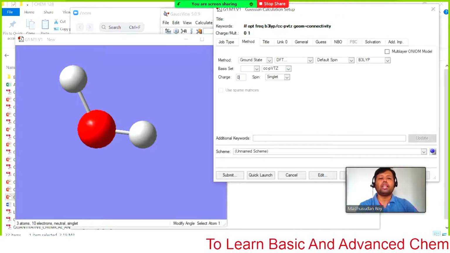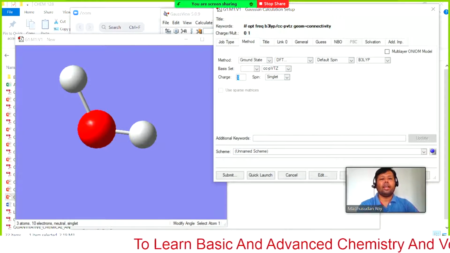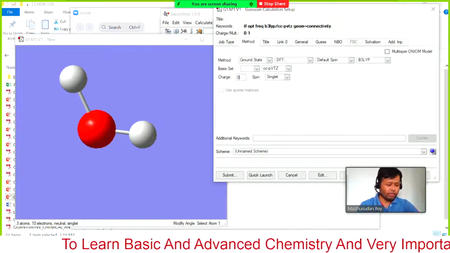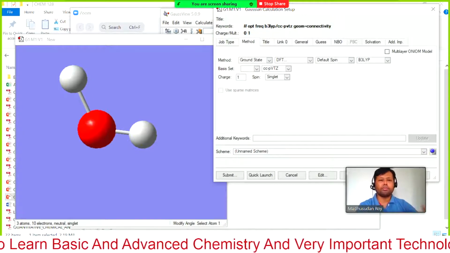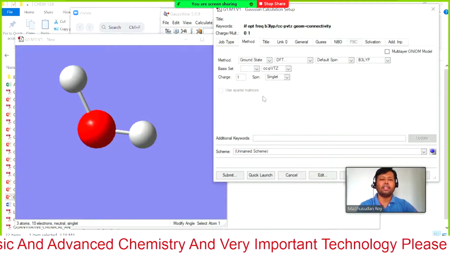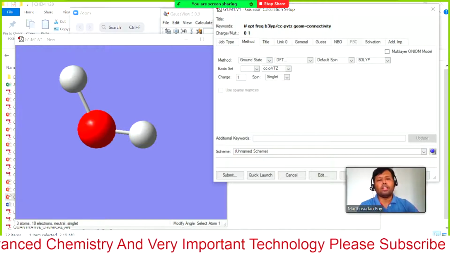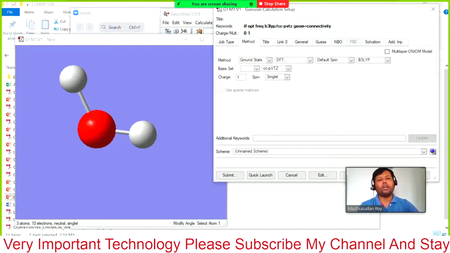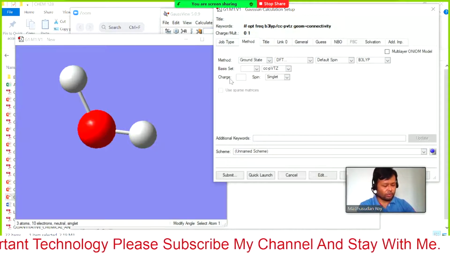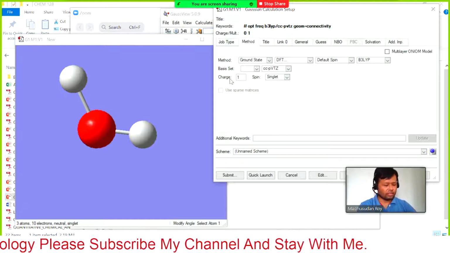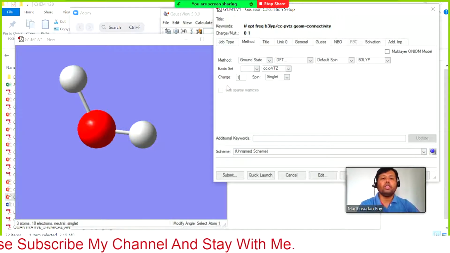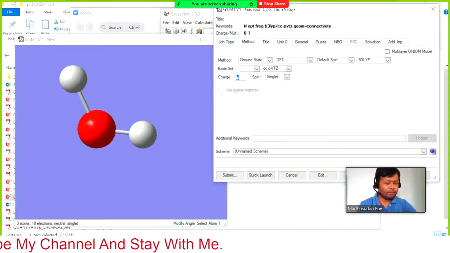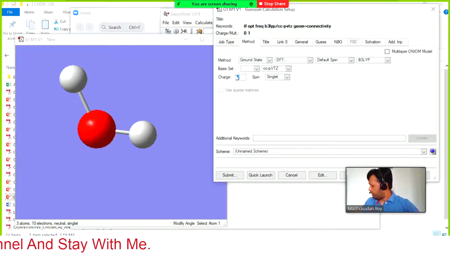So we will put the charge as 0, and if you want an ion, then we can change it this way, +1 or 1, that will be fine. If we put +1, it will automatically consider just 1.